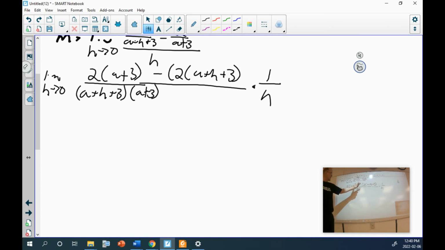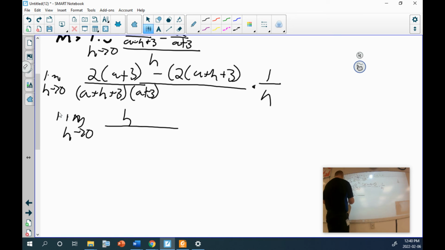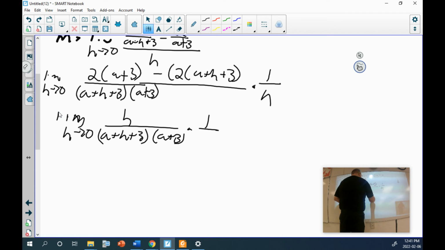Okay, so looking at our top, we have 2a minus 2a, so that disappears. We have 6 minus 6, that disappears. So our limit as h approaches 0 of h on top over a plus h plus 3 times 1 over h.